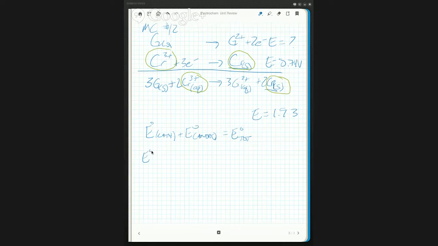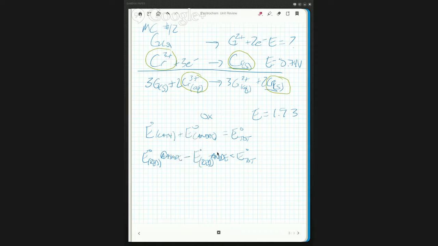Or you can say E naught of the reduction at the cathode minus E naught reduction at the anode equals E total for the cell, okay? And you'll notice that the difference is that this one is E naught of the oxidation and this one is reduction.